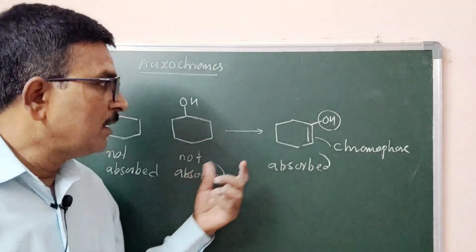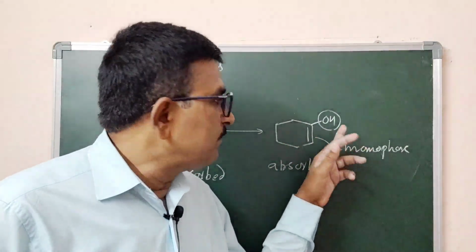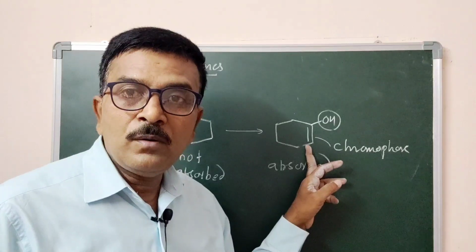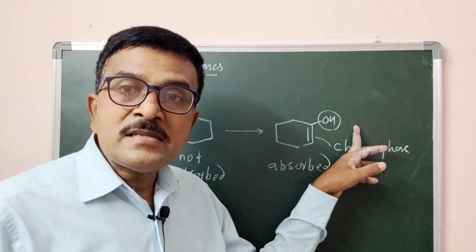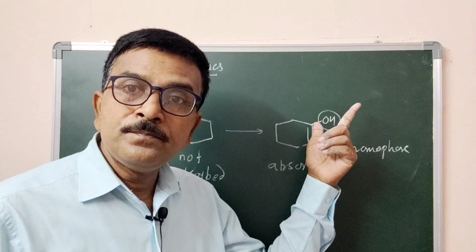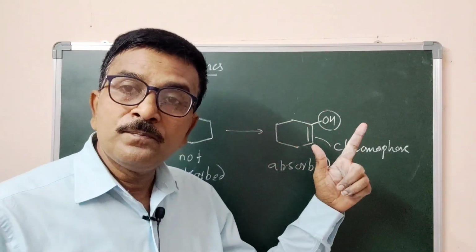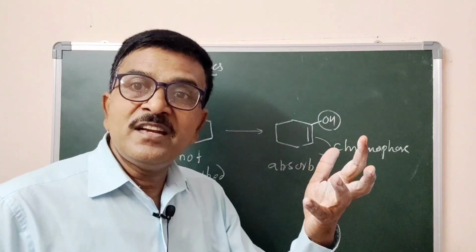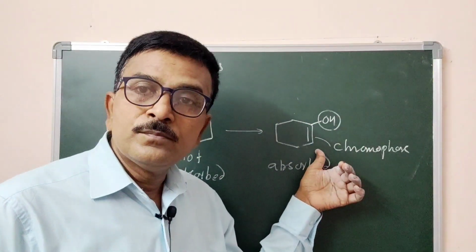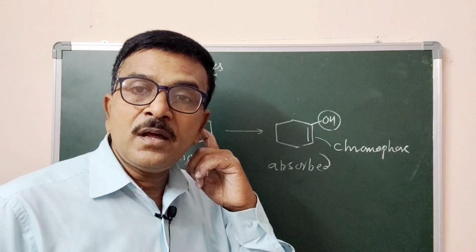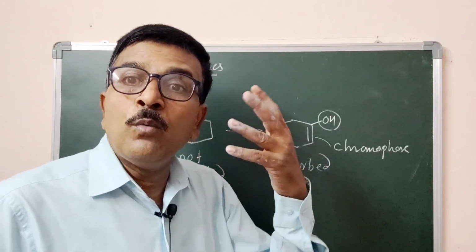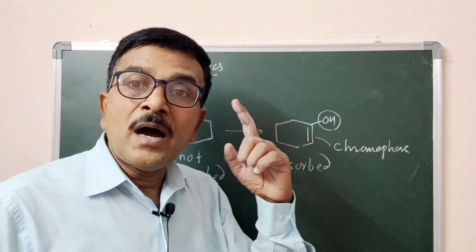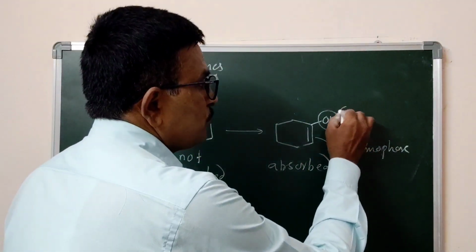Now when this group is conjugated with the chromophore, it enhances the resonance energy, and therefore improves the absorption coefficient, or absorption capacity, of the chromophore. These groups are called auxochromes.